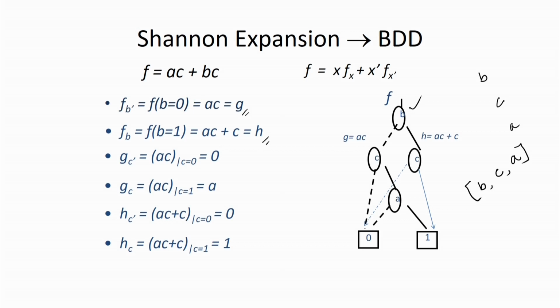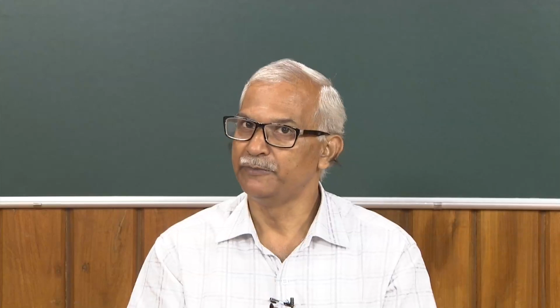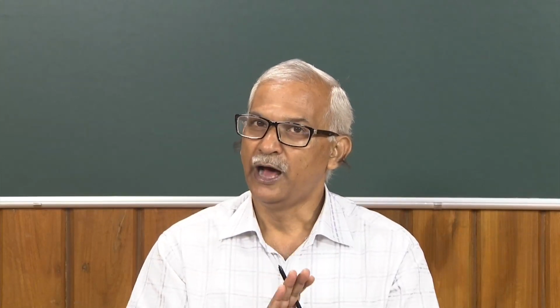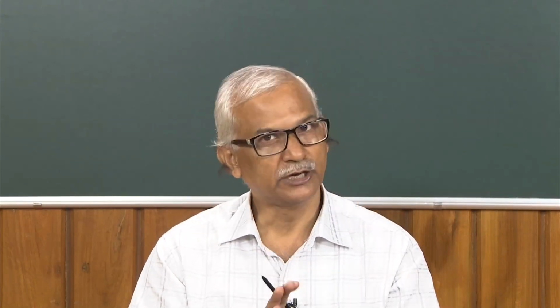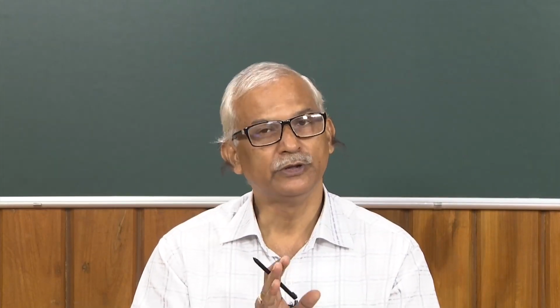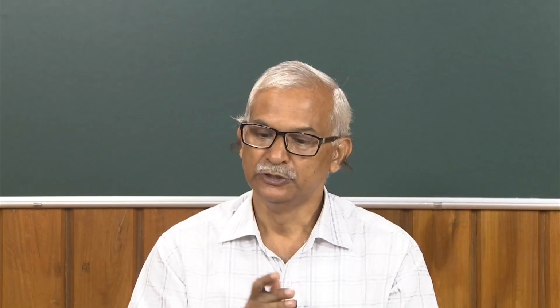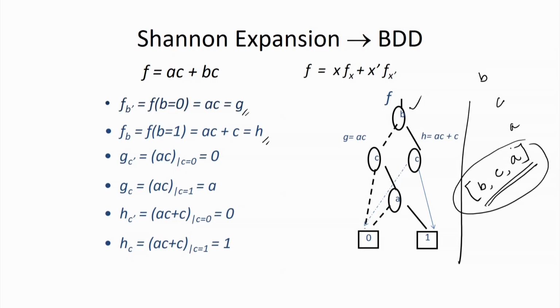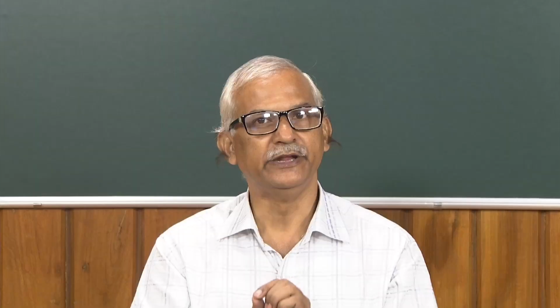So, with this particular variable ordering we have got this structure. You just see that the structure is different when we apply a different variable ordering. So, ROBDDs do not have a unique representation in general, but with respect to a variable ordering we are going to have a unique representation. If you use this particular variable ordering, you will always get this particular structure, whatever way you construct it. So, ROBDD has a unique representation.